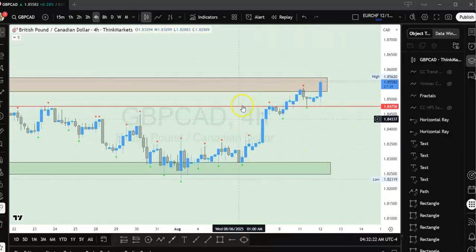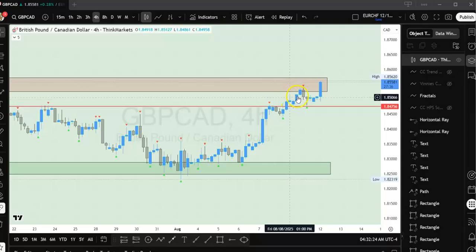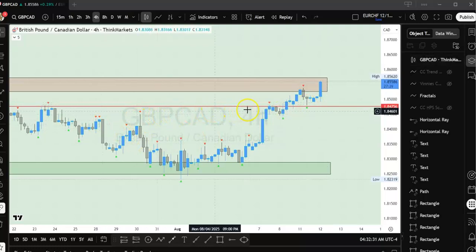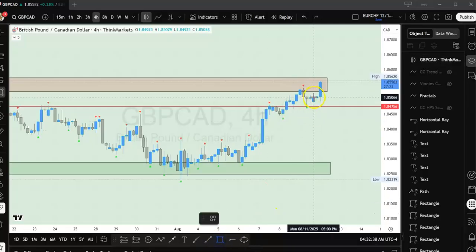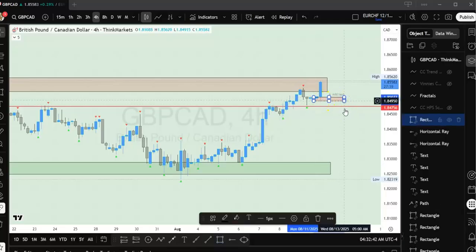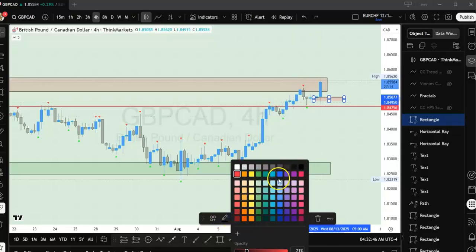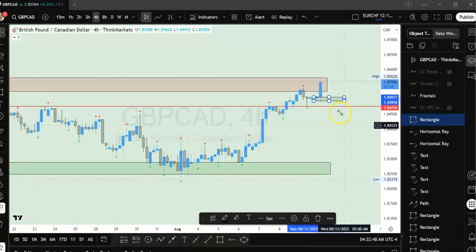I'm looking for anything before a large move up, and I'm waiting for it to come down. So this candle right here, to me, is a demand zone. Demand is when you buy, and supply is when you sell.